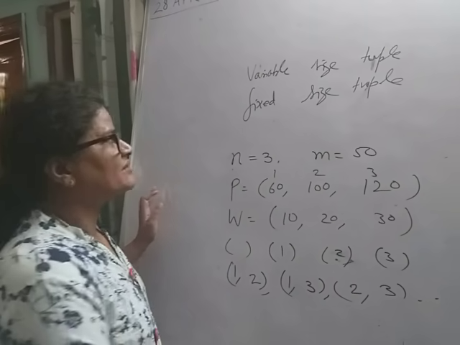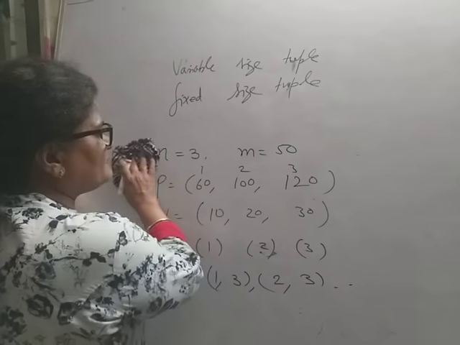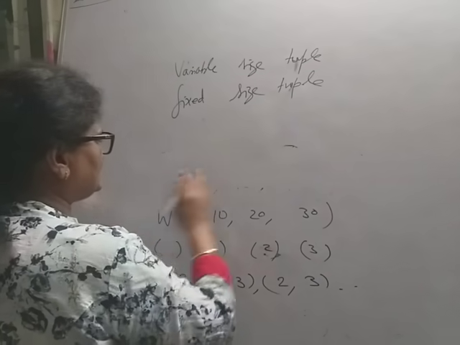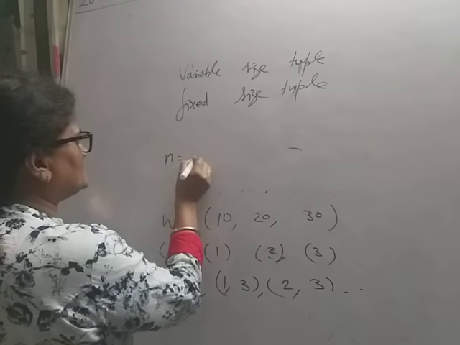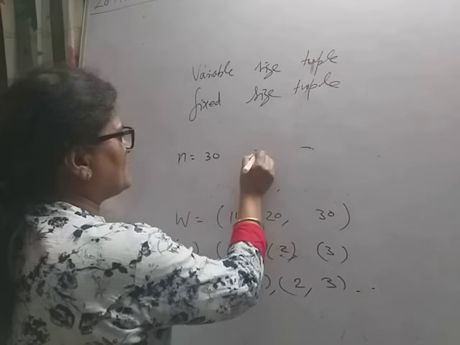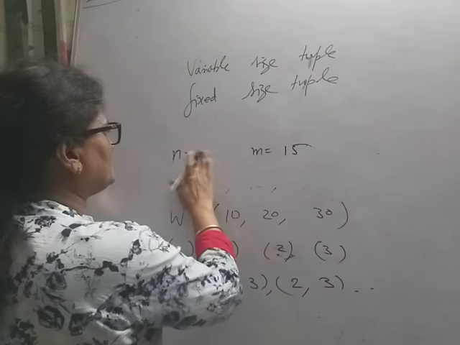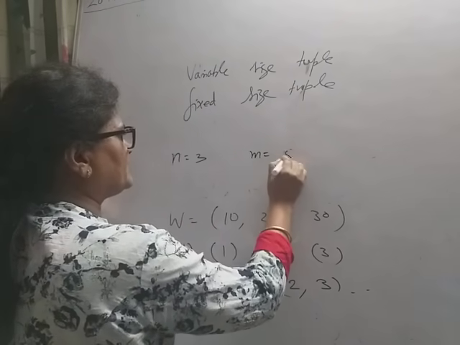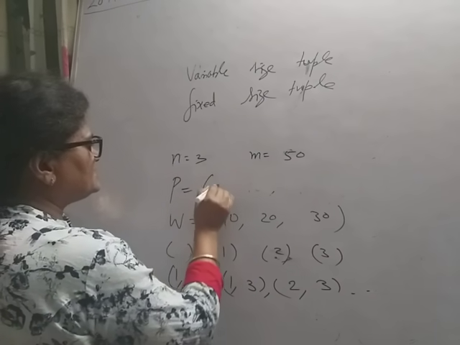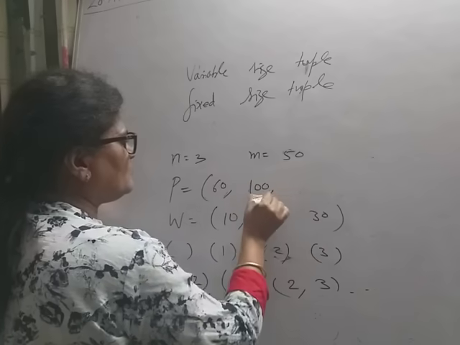But here we apply the backtracking solution with a fixed tuple size. In the same problem, n equals 3, m equals 50, and p is 60, 100, 120.